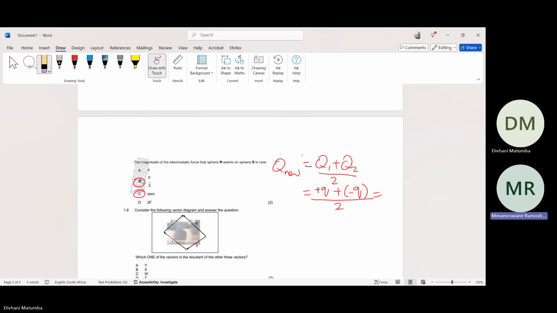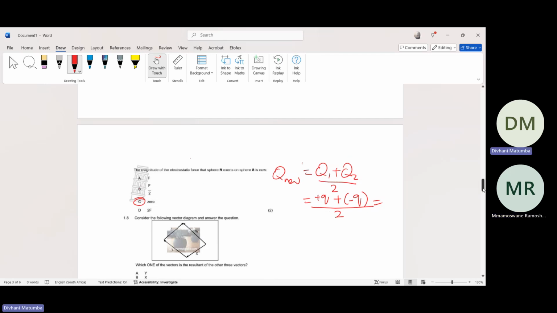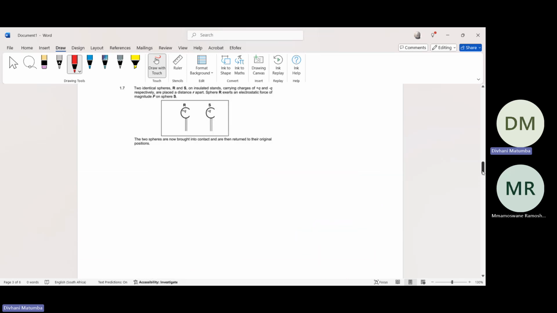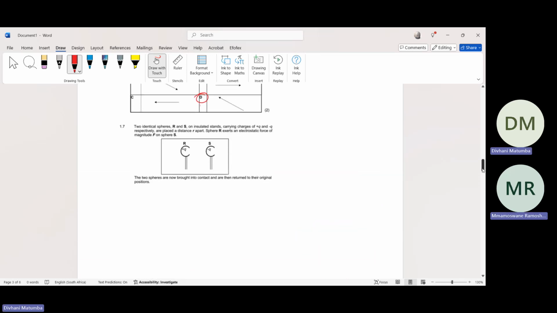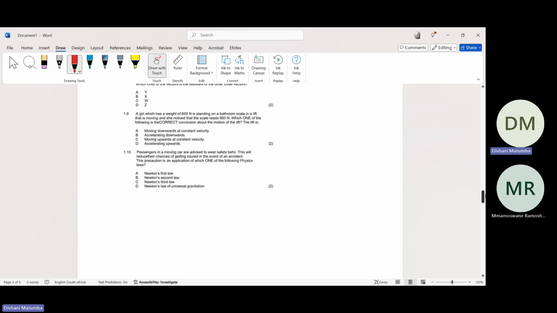You have to consider the sign. The other thing you must consider is that a neutral object consists of an equal number of positives and negatives. So when the two charges which have the same magnitudes come into contact, they will form a neutral object. And when you cut that neutral object into two, the two pieces will be neutral. That's another way of thinking about it.